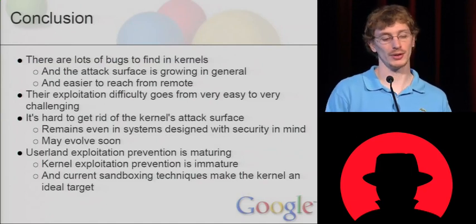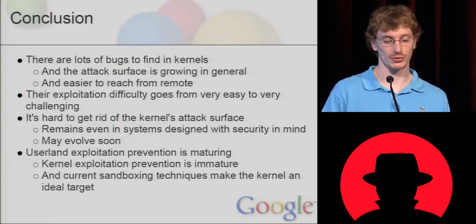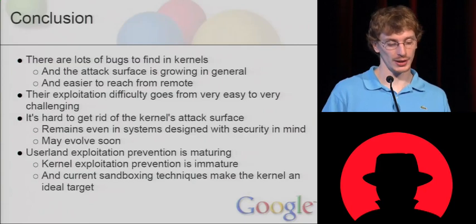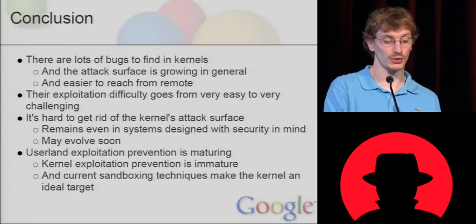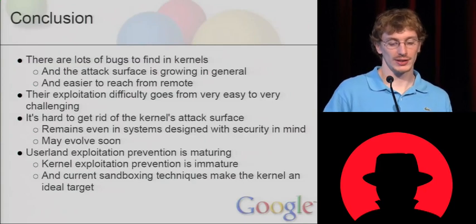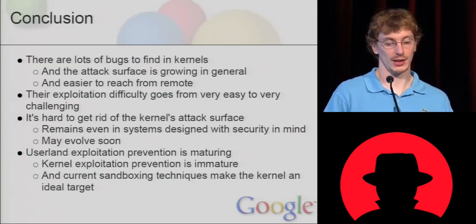The exploitation of those flaws goes from very easy to very challenging. It can be really trivial and really hard. It's also really hard to get rid of the kernel's attack surface. Even in systems designed with security in mind, it remains.